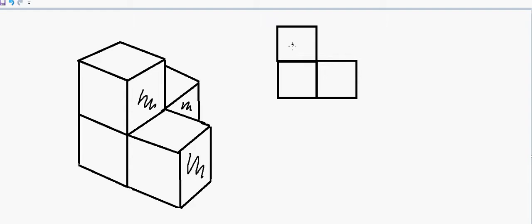All you can see are those 3 faces, okay.